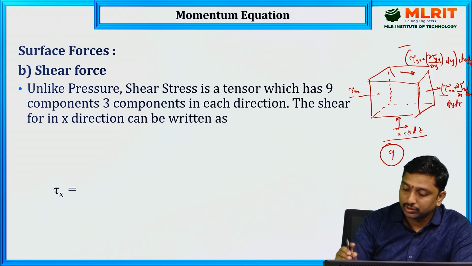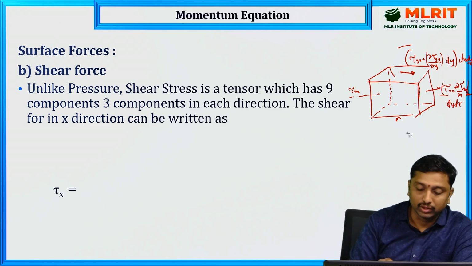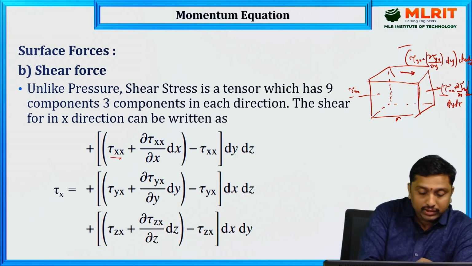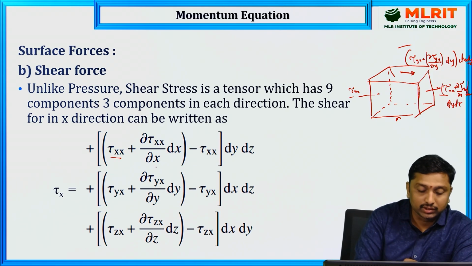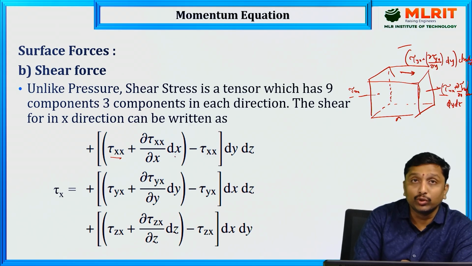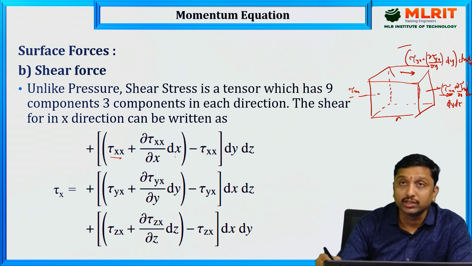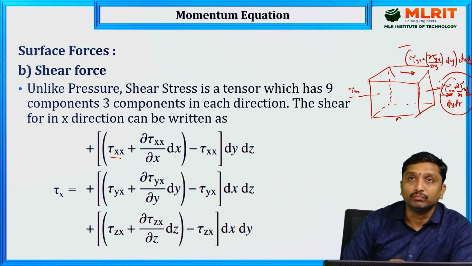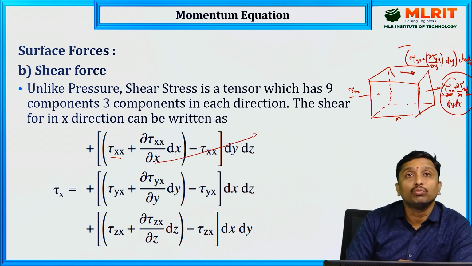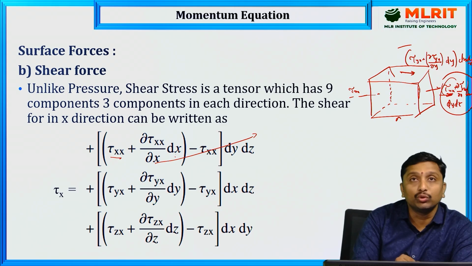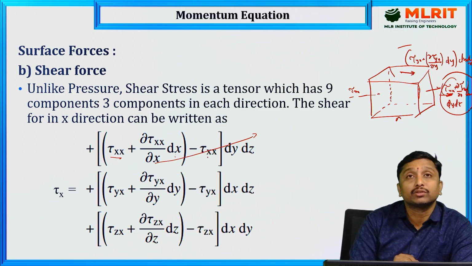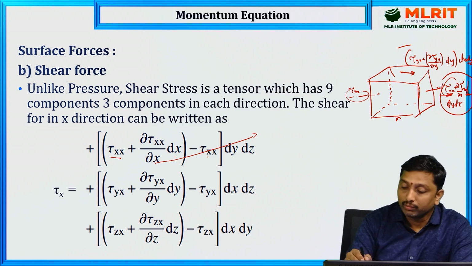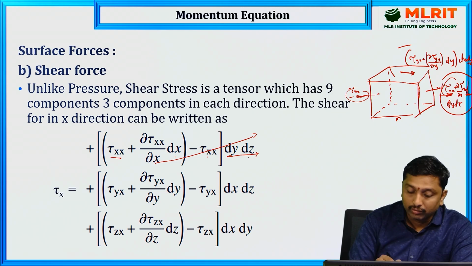So we can rewrite all the force system as tau xx plus dou tau xx by dou x into dx. If you observe, this is the tau xx, and this is the term tau xx plus dou tau xx by dou x into dx minus tau xx, which on this particular plane will be acting in the opposite direction, right, which is acting on the dy dz plane, so it will be this value.